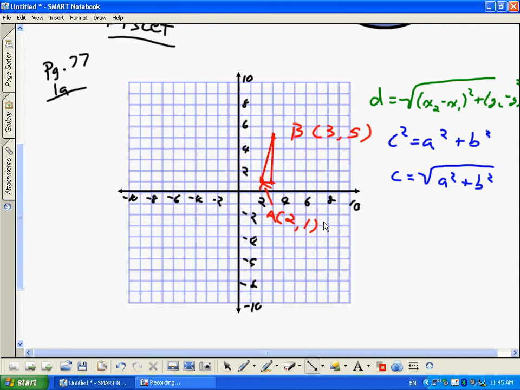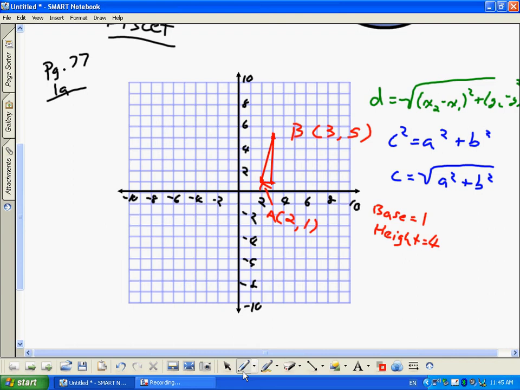When we go up, it is 4 units up. So we know the base. I'm going to write it over here. Base, 1 unit, and the height is 4 units. So in a right angle triangle, our C is the hypotenuse of this triangle. So that's our line segment.